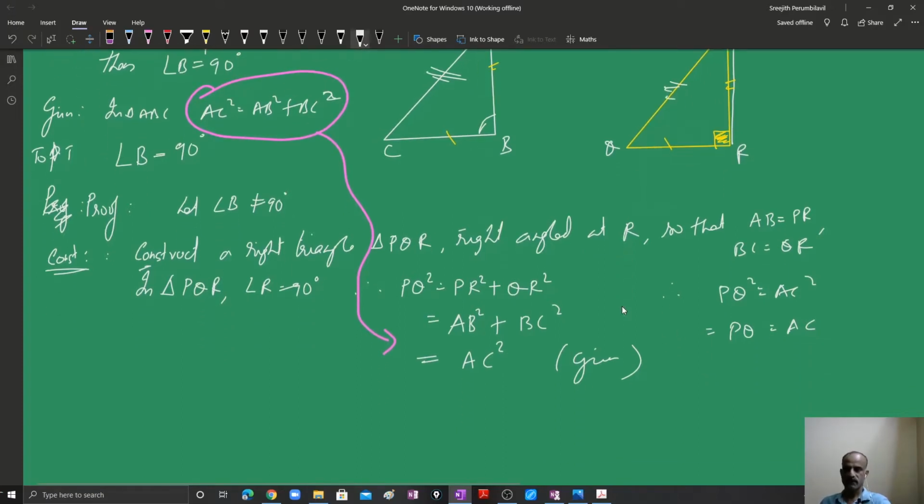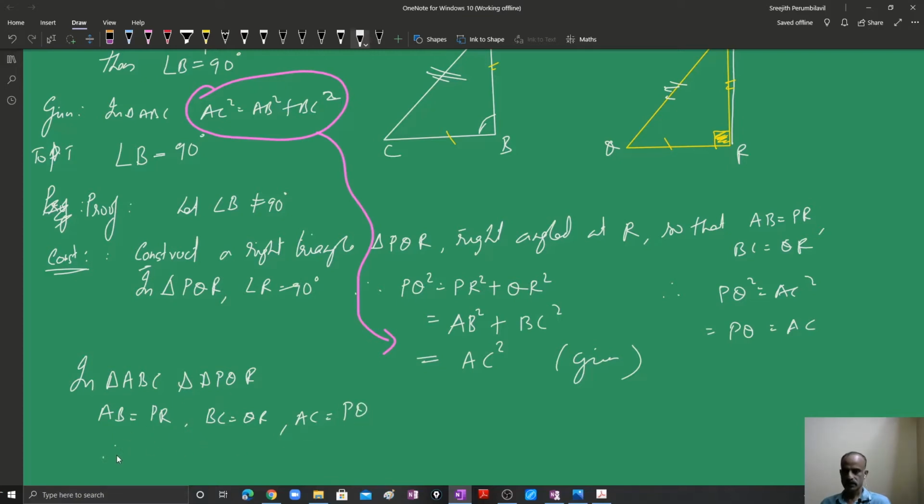That means when you compare triangle ABC and triangle PQR, AB is equal to PR, BC is equal to QR, and AC is equal to PQ.